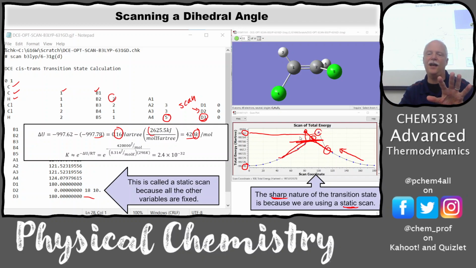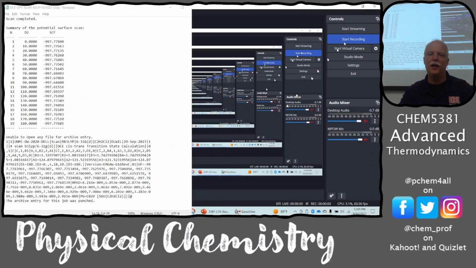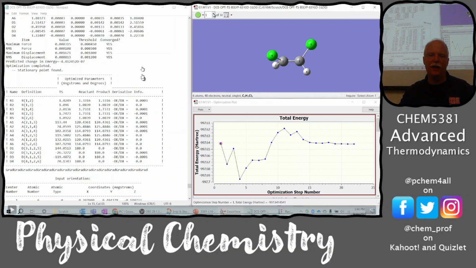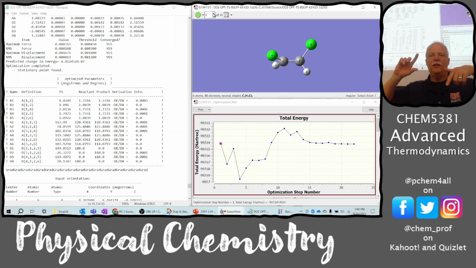So this static scan is pretty solid. It'll work frequently. It'll work when the other relaxed scans don't work. And so I tried a relaxed scan, okay, where it would move to a point and then it would relax all the bond lengths and angles, and then move to another point and relax all the bond lengths and angles.